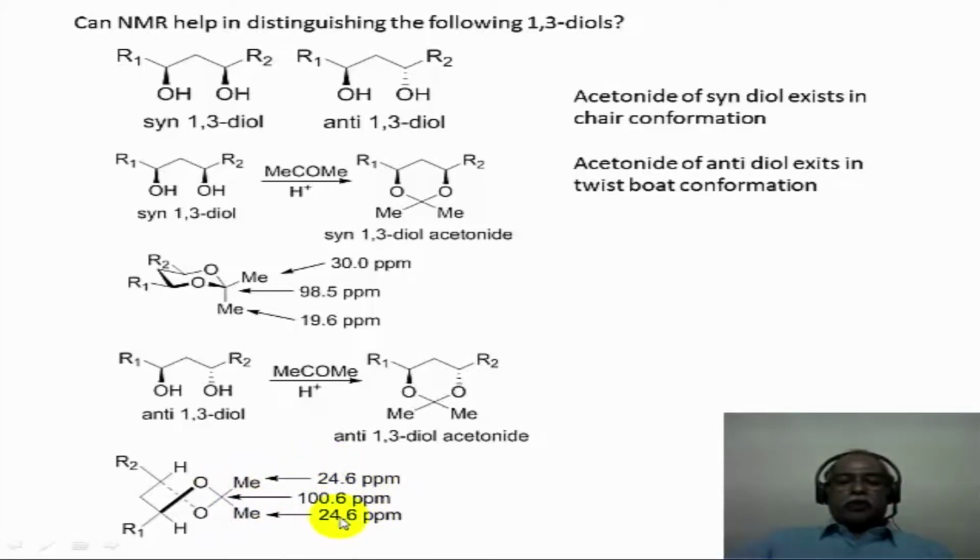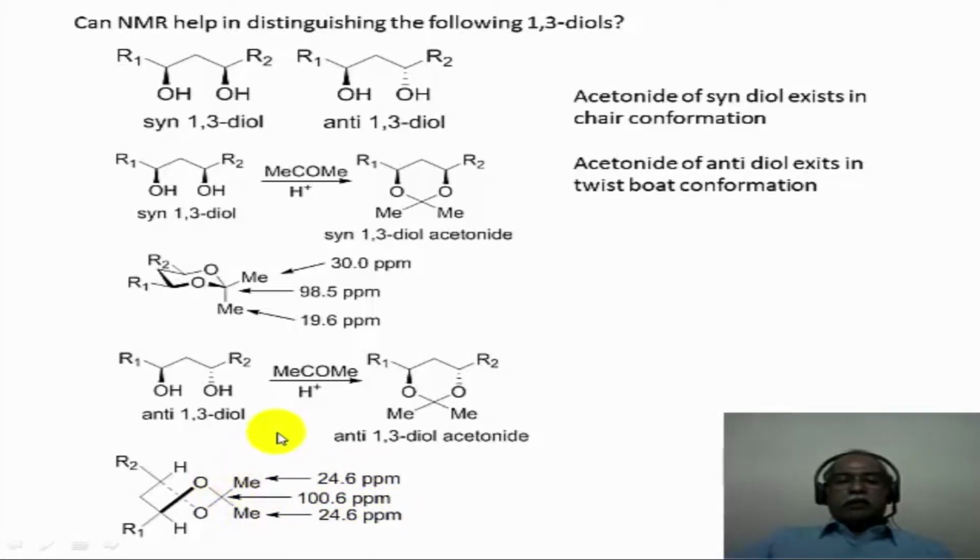So these two methyls are nearly in the same chemical shift region of 24.6. So if one makes the acetonide of these two alcohols, the one acetonide that gives two different chemical shift values for these two methyls would be the syn alcohol, because it exists in the chair conformation. The axial and equatorial methyls are distinguishable, whereas the anti-diol, when it forms the acetonide, forms essentially a twisted boat kind of conformation, wherein the two methyl groups are now almost equivalent, so they come at the same chemical shift value.